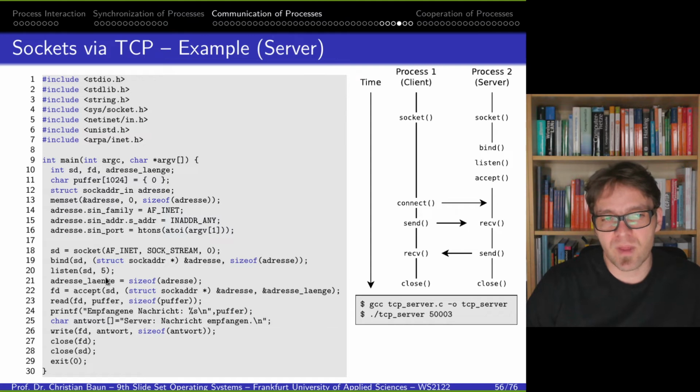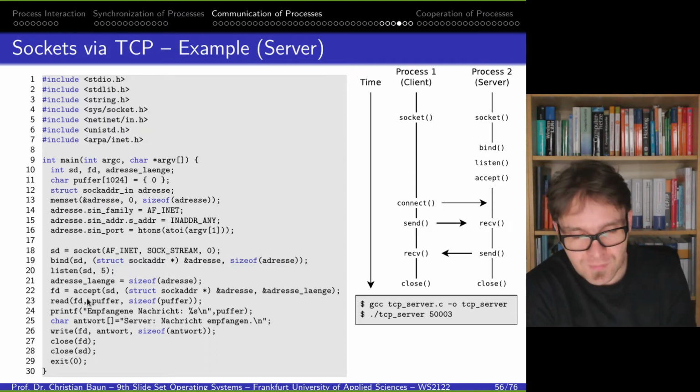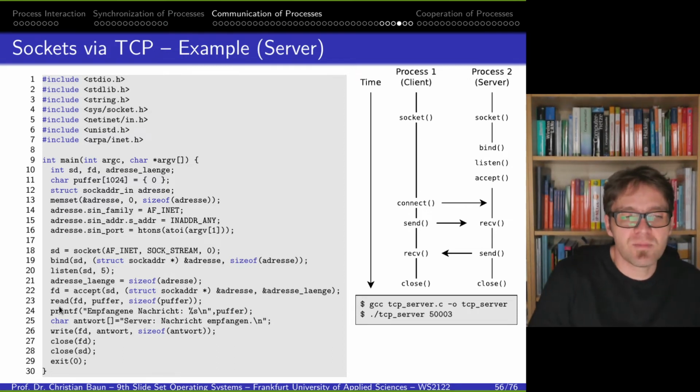The maximum number is 5 here, and in line 22 we accept the first one with the accept function, and we read the message out of the socket, and here we can see we use a file descriptor basically.